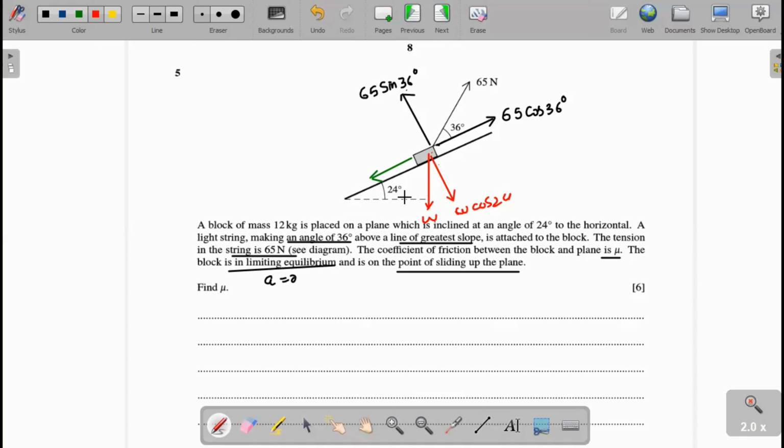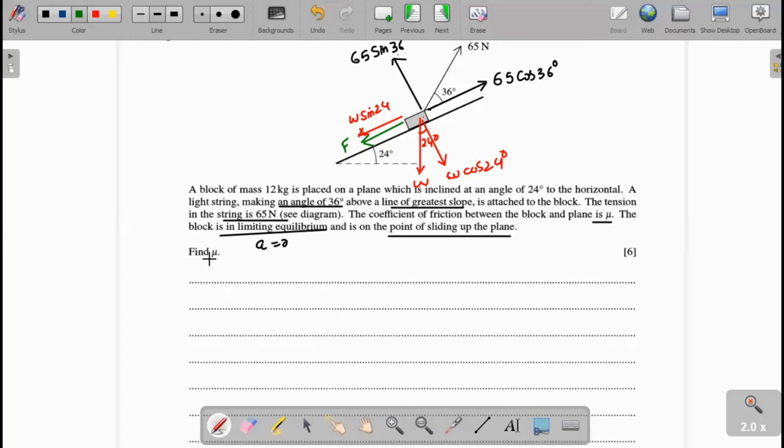The angle it makes with the plane is 24, so this angle will also be 24 degree. Next, to find the component along the surface, it is W sine 24 degree. Now this is the friction between the block and the surface.